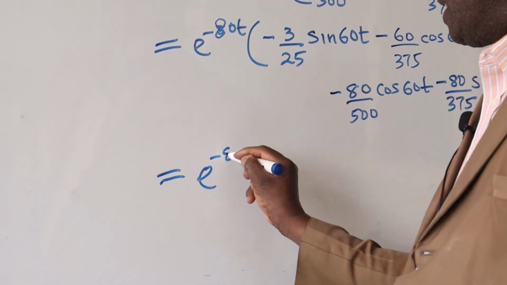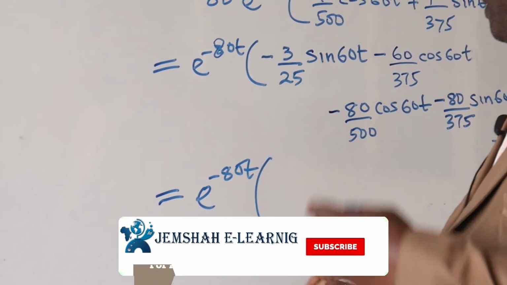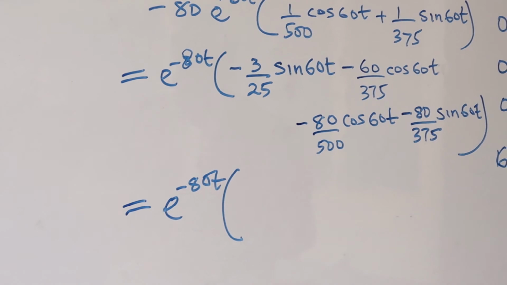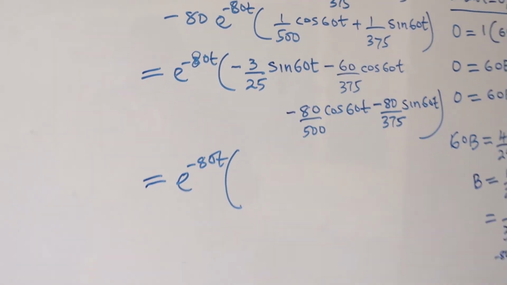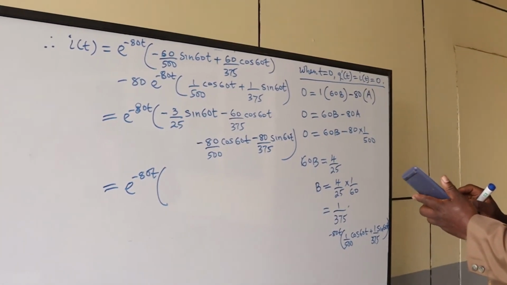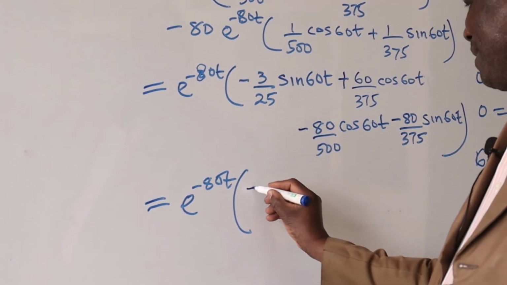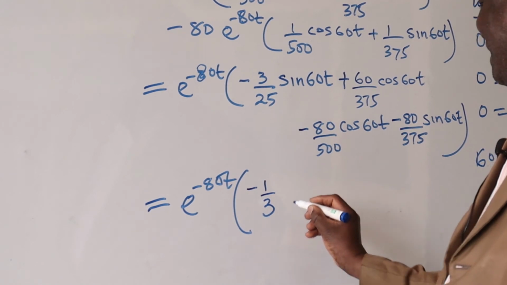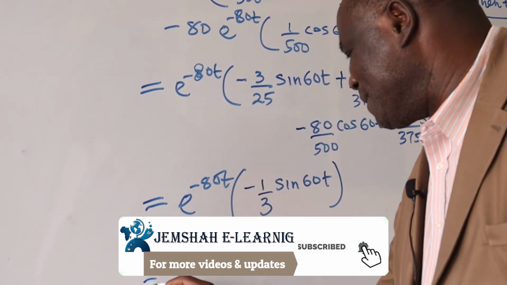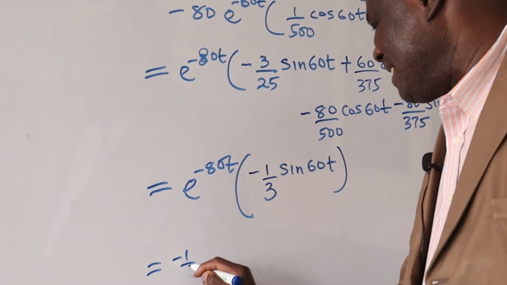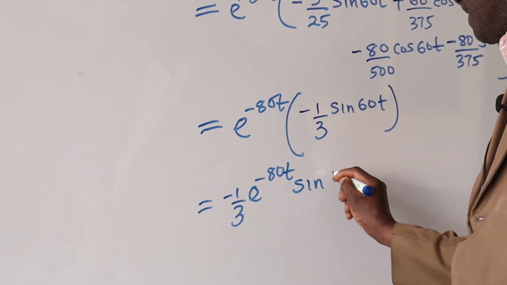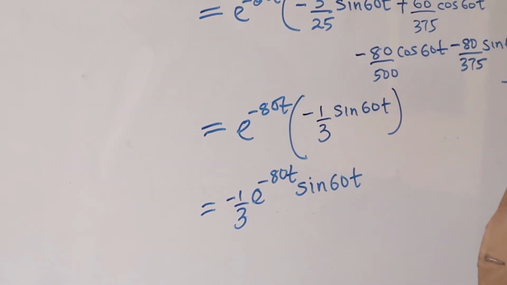We get e power minus 80t into minus 1 over 3 sine 60t, which will be equal to negative a third e power minus 80t sine 60t.